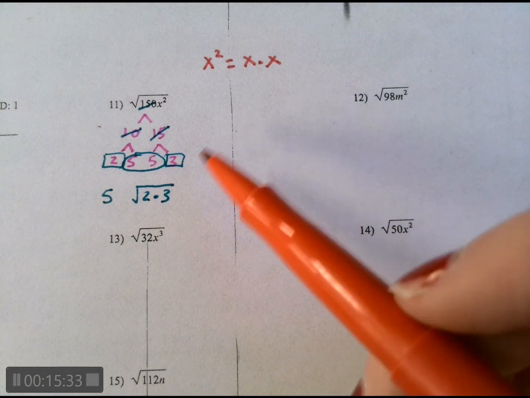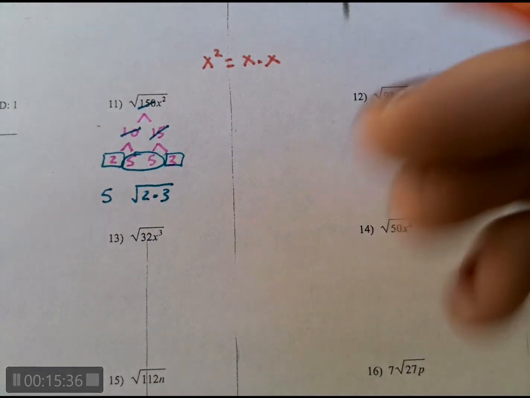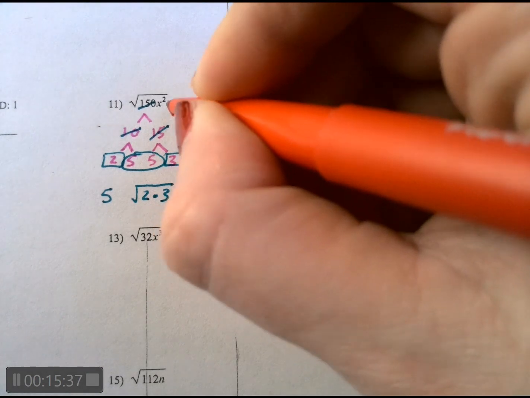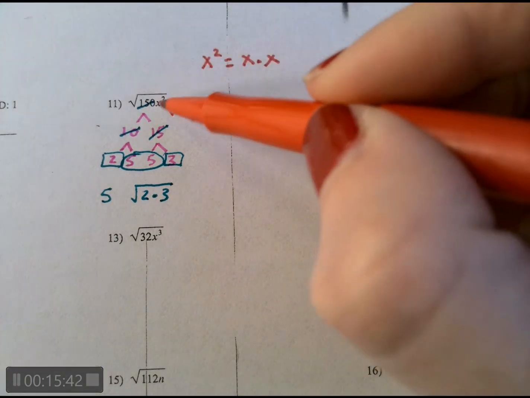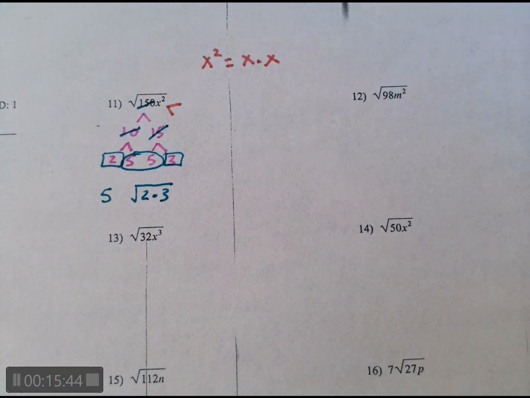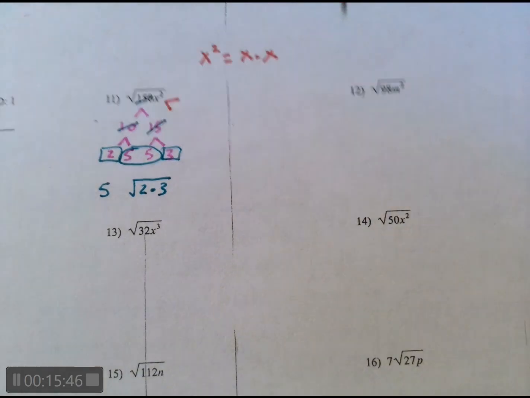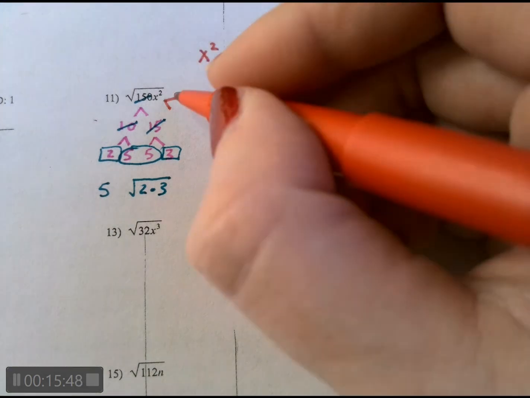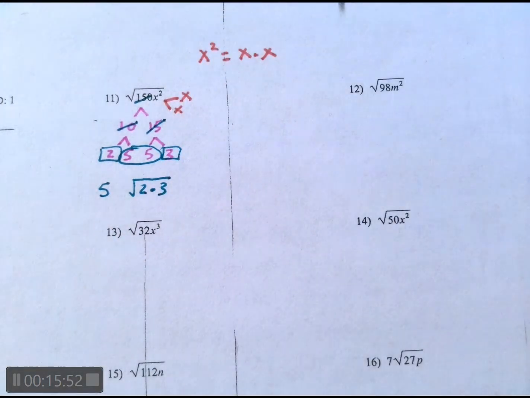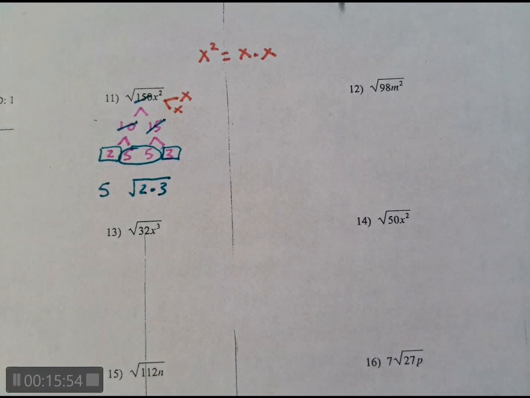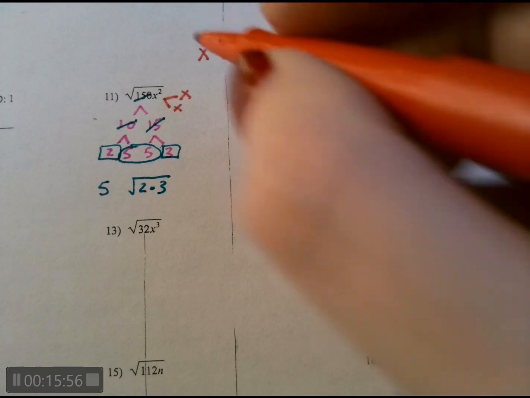So every time you see a letter with a tiny number, here's what I want you to do. I want you to draw arms. And whatever that number is, that's how many arms you're going to draw. And then, after you draw that many arms, like I did, 1, 2, you're just going to write the letter. 1, 2. And then you're going to circle your pairs.